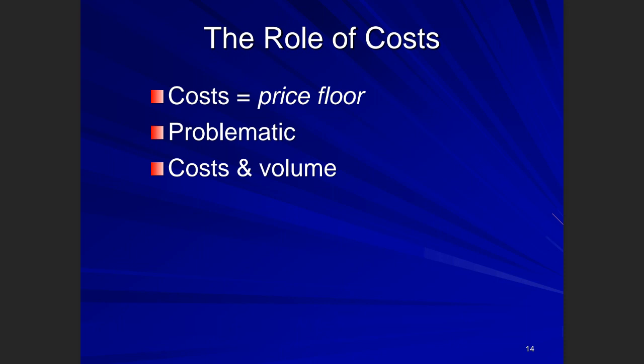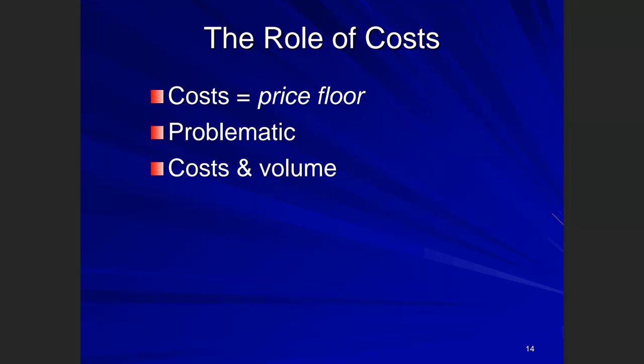And we realize, of course, further compounding the issue here, especially when we talk specifically about variable costs, that costs certainly do change in terms of volume produced, generally speaking. So if we set prices purely on costs, it's very problematic for these reasons.